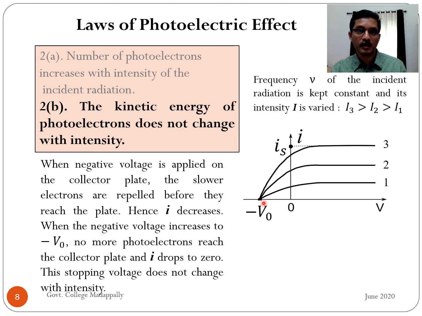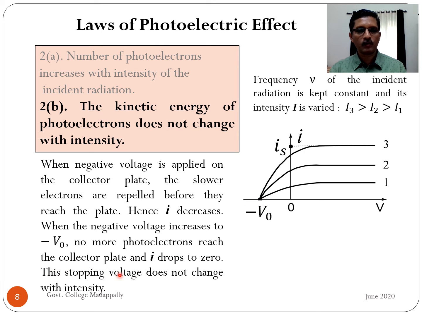This is called stopping potential or stopping voltage, because at this voltage all the photoelectrons are completely stopped from reaching the collector plate. What we see is that even when you increase the intensity of the incident radiation from I1 to I2 to I3, the saturation current increases, of course, that we have already seen, but the stopping potential remains the same.